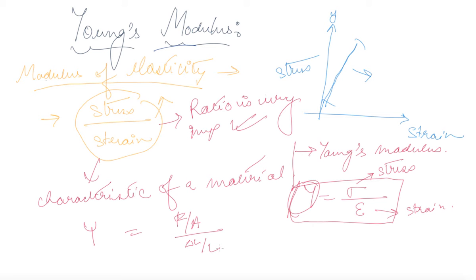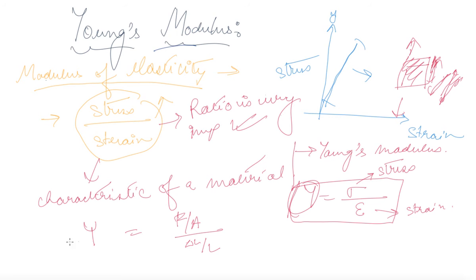Now, area is, say suppose this is a sheet, length into breadth is your area, and if you are talking about just length, then we are talking about just one dimension of this sheet. Say suppose there is a force over here, there's a force over here, the change in length because of this is the resulting strain.